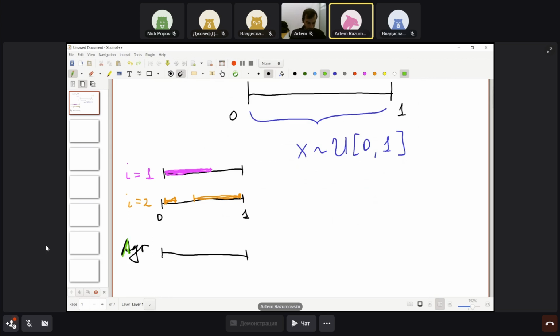Let me pick green color for the aggregator. Let me take a simple example. So we have these two agencies. What will be on the aggregator?